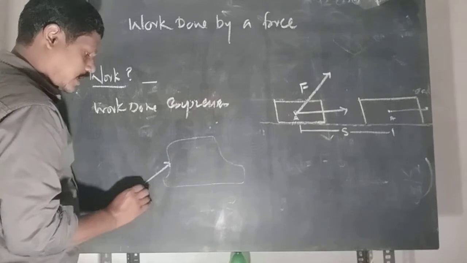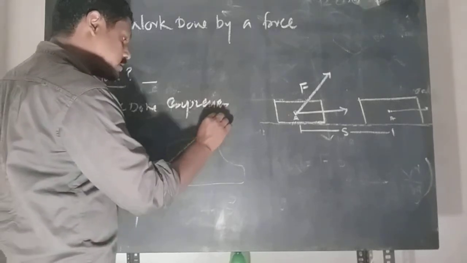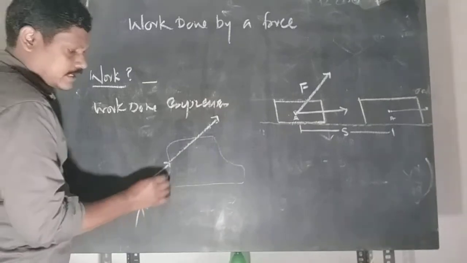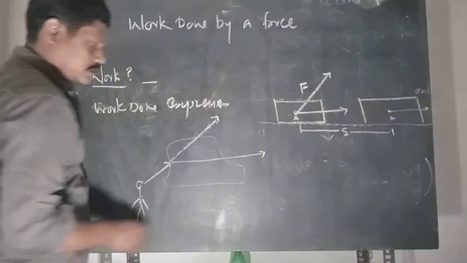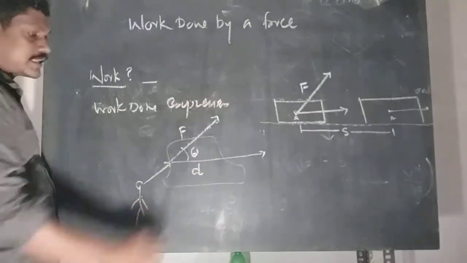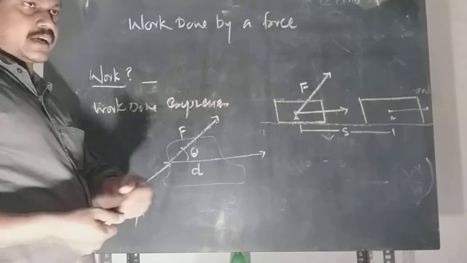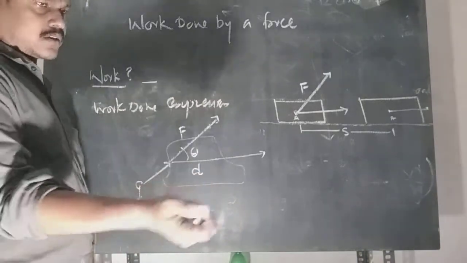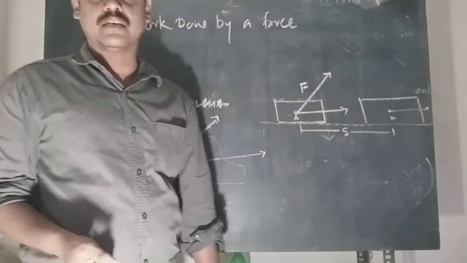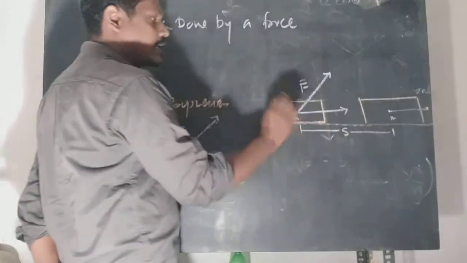So what happened? The direction of force is along this direction, and the displacement is along this. So the displacement and force are inclined by certain angle. Okay, so when we are drawing a trolley carrier, etc., the direction of force and the displacement are inclined.